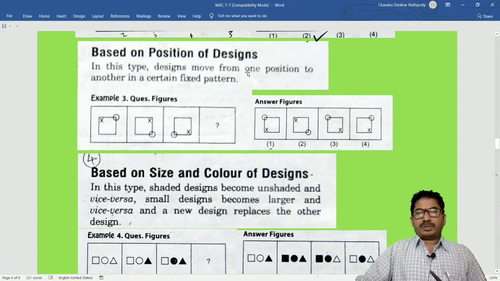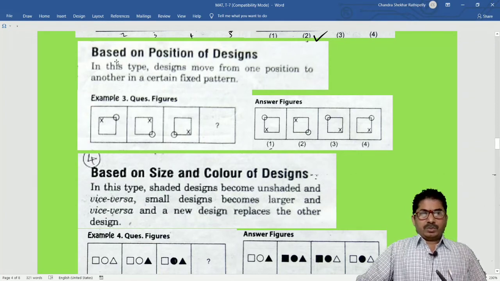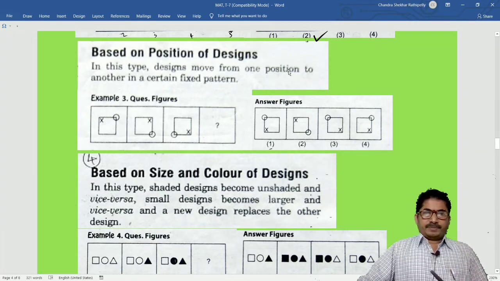Based on position of designs. In this type, designs move from one position to another in a certain fixed pattern. Position of designs.